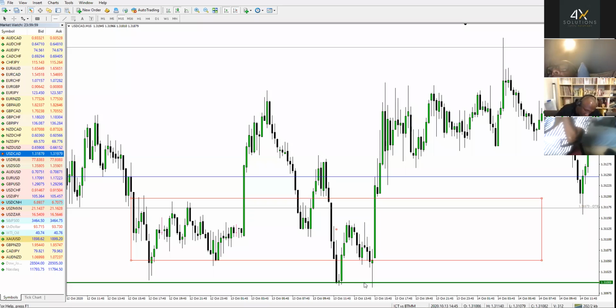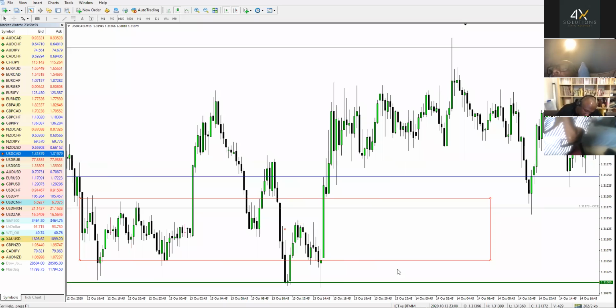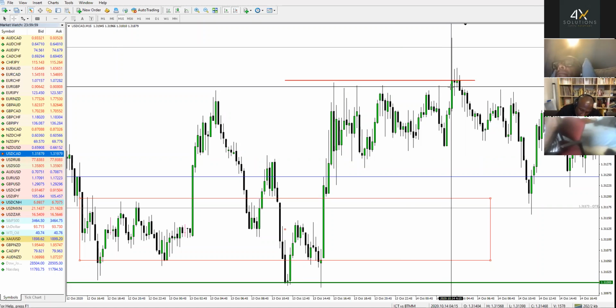The round number 1.31 over here. Okay. So when price rallies away from this 1.31 round number to the highest body, where's the highest body? Well, if we follow this move over here in hindsight, we can clearly see that this is the highest body.